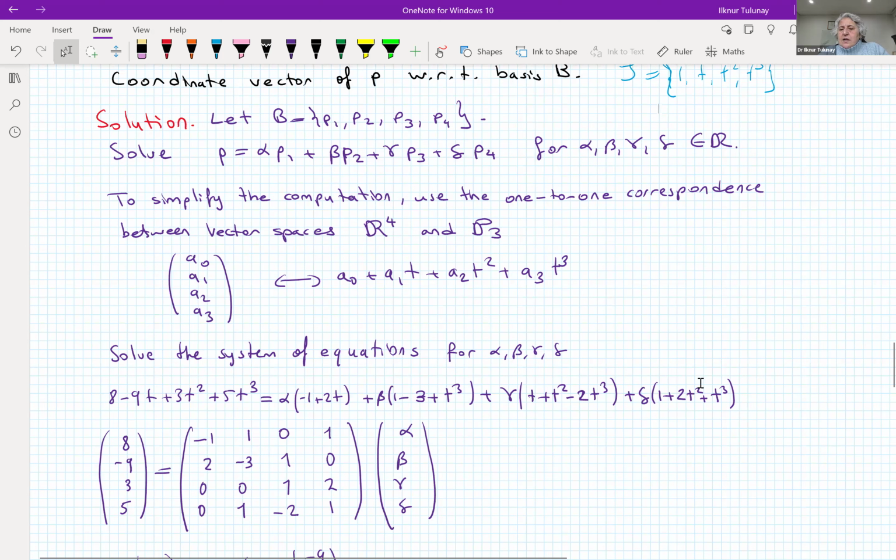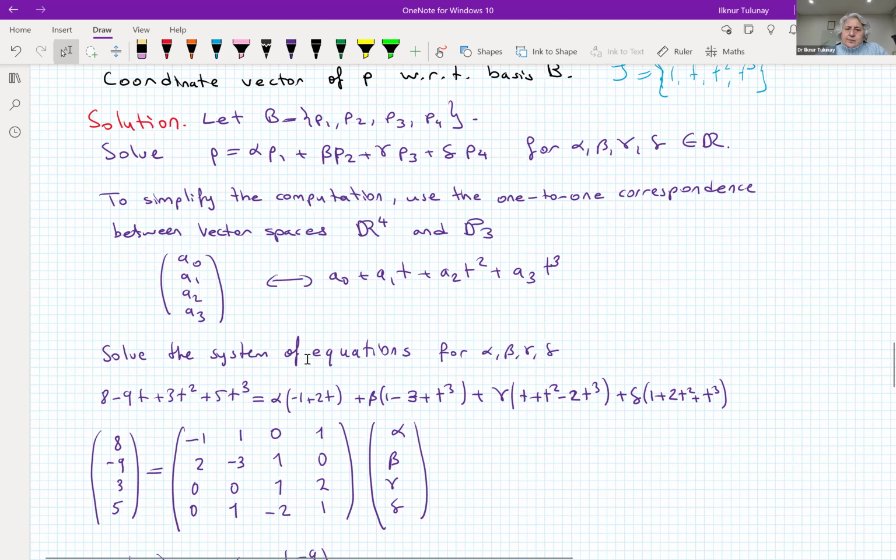That's perfectly fine if that's what you want to do, but you can also write down the matrix directly by using this correspondence.